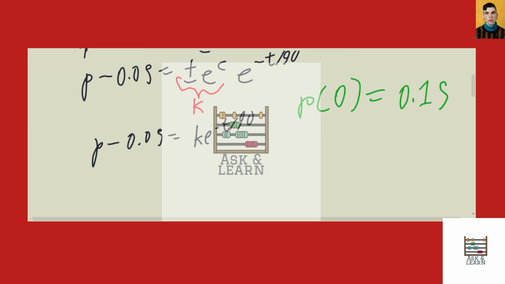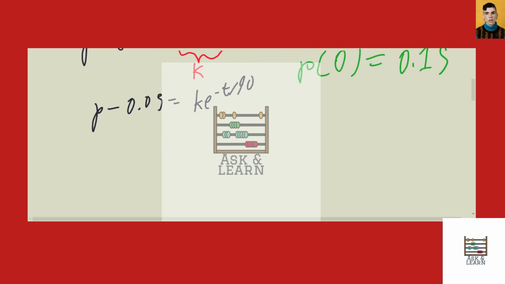So subbing that in, we get 0.15 minus 0.05 is equal to k times e to the negative 0 over 90. That's just e to the 0, which is just 1. Get rid of that, and we get that k is equal to 0.1.